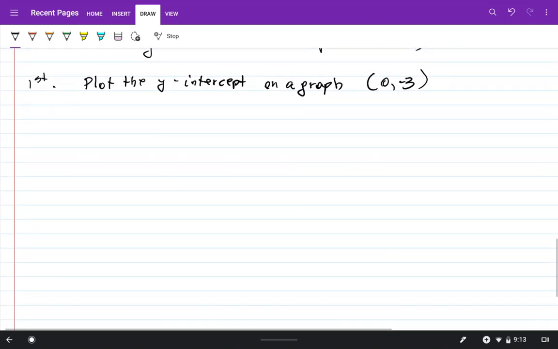Okay. And second, the slope m equal to negative 5 over 2. You should read that as the ratio rise over run. Okay.